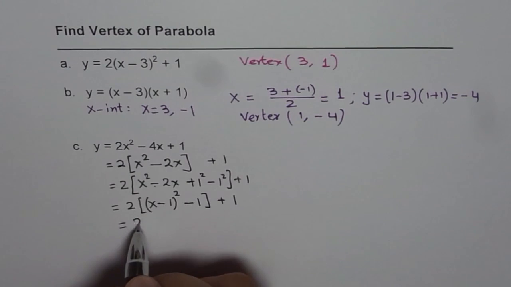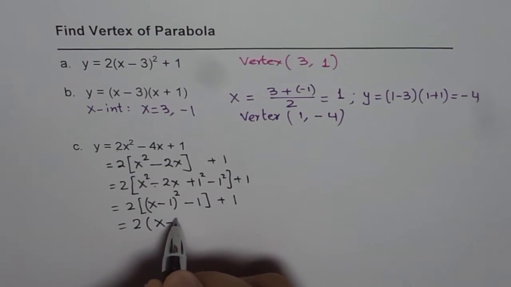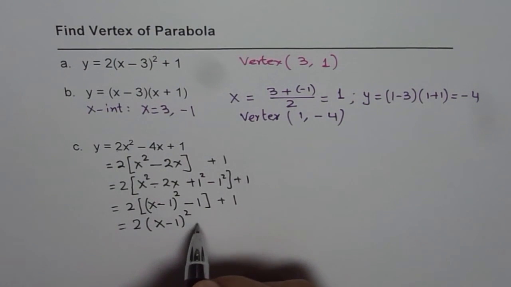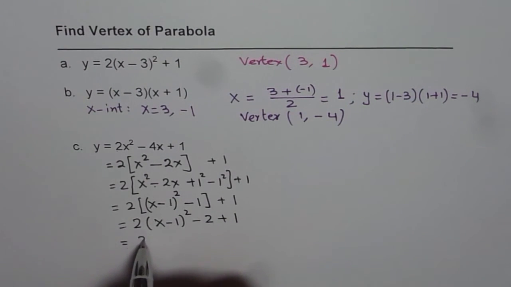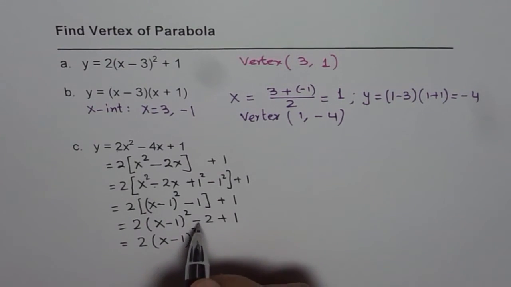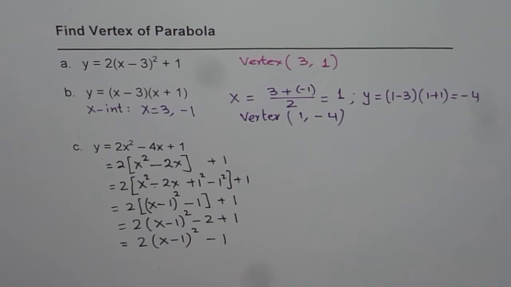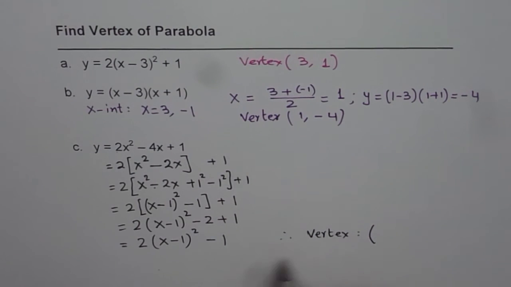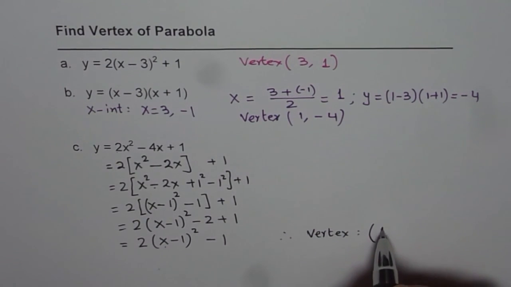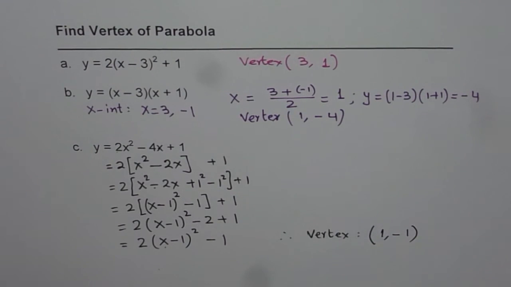Let's open the bracket, then we get 2(x minus 1) squared, 2 times minus 1 is minus 2, plus 1, and that gives us 2(x minus 1) squared, minus 2 plus 1 is minus 1, right? So we get the vertex as x value is 1, y value is minus 1. So that's a way to find the vertex.